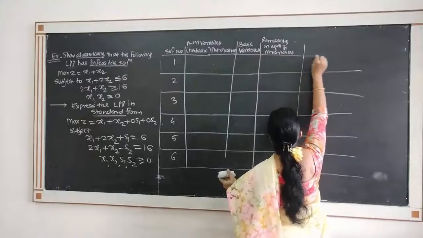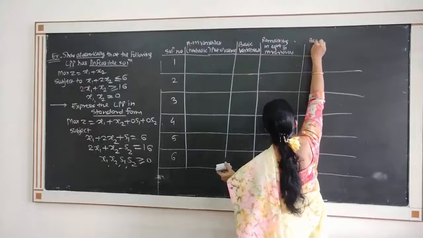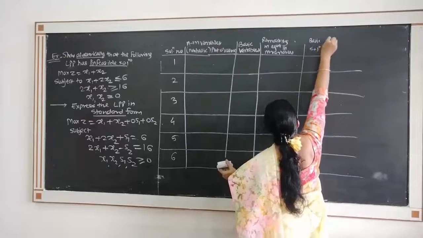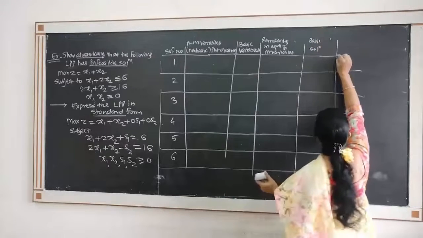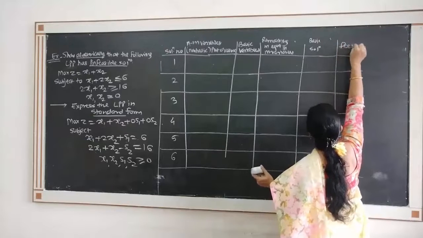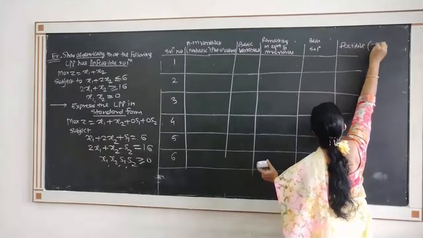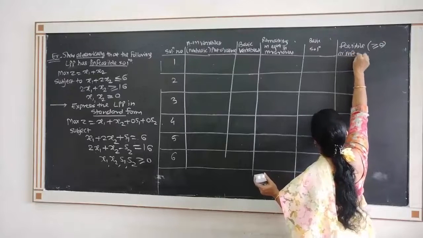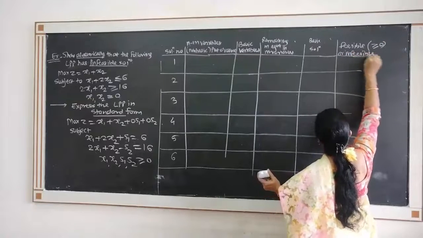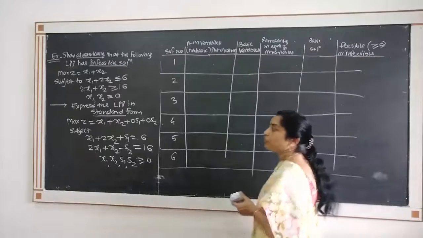Solving these equations we get the basic solution. And then we want to find whether it is feasible or infeasible. Feasible means all the values should be greater than or equal to 0, and infeasible means not all values are greater than or equal to 0.